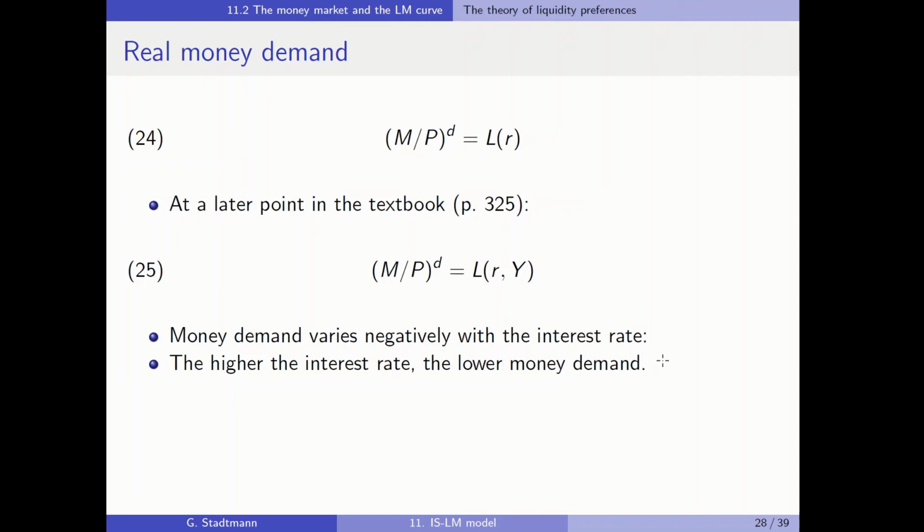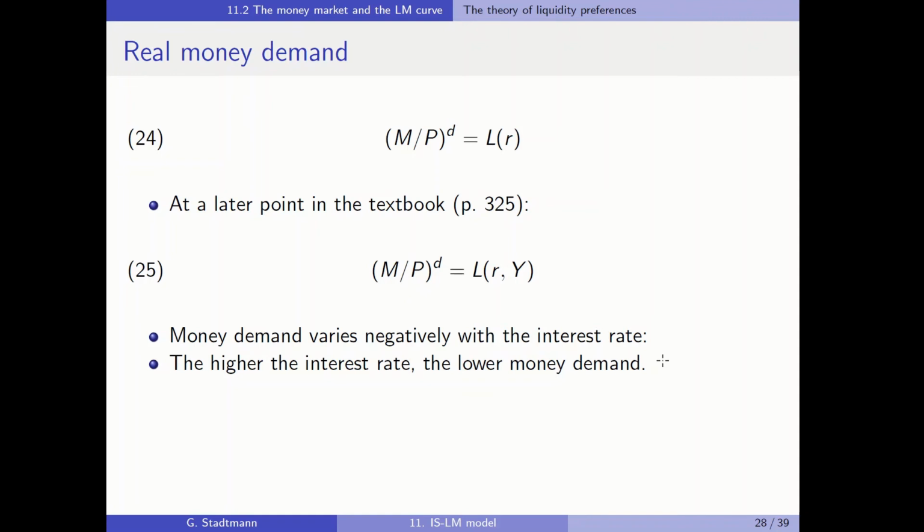And in the first part of this subchapter, it is mentioned that money demand depends in a negative way on the interest rate. So in case the interest rate increases, the opportunity cost of holding money increases and money demand decreases. The higher the interest rate, the lower money demand. So there is a negative relationship between money demand and the interest rate.